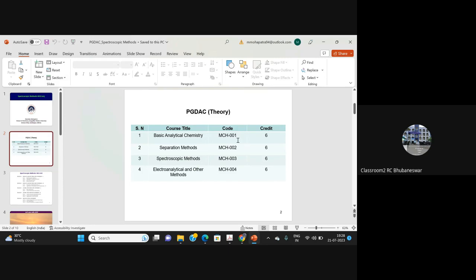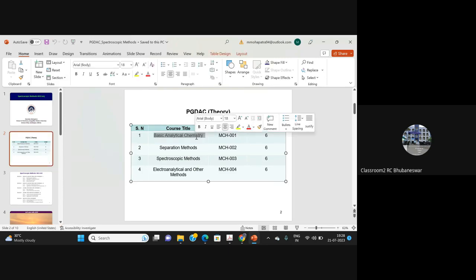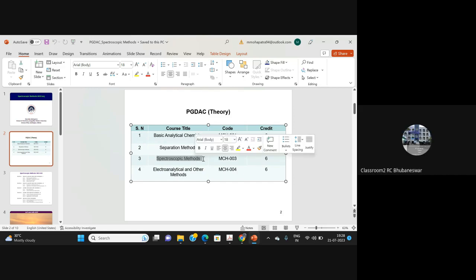Out of these four theories, the basic analytical chemistry MCH-001 will be a little easy for you, because basic analytical chemistry you know from the beginning: conductometry, pH metry, those things. Then separation methods, where you will read about chromatographic techniques, will be a little unknown to you, but you can study well. Spectroscopic method is not exactly chemistry type, it is some detection methods only.